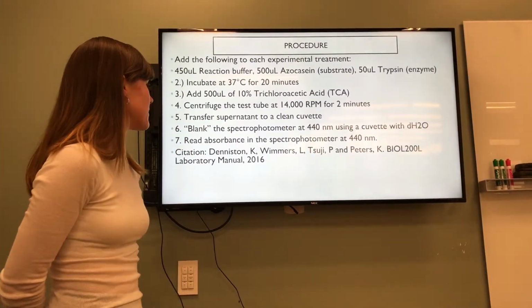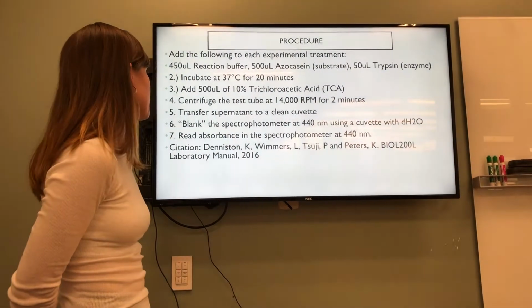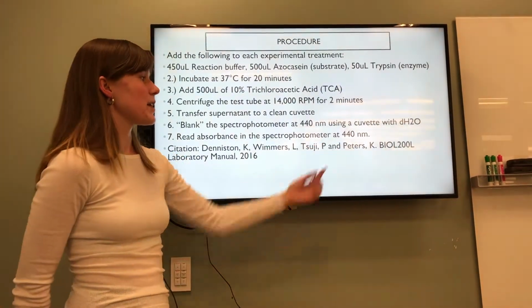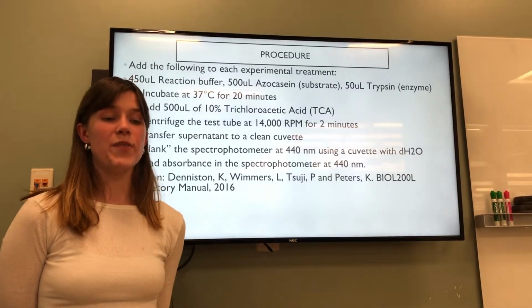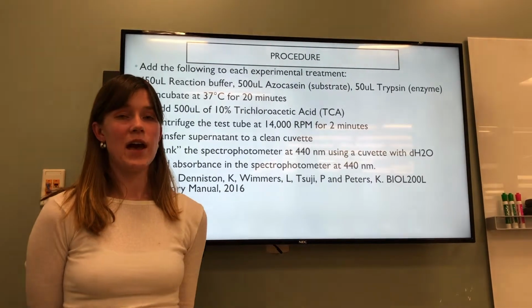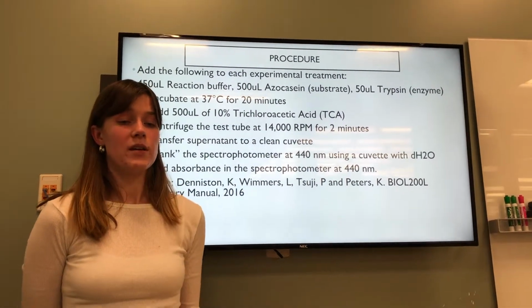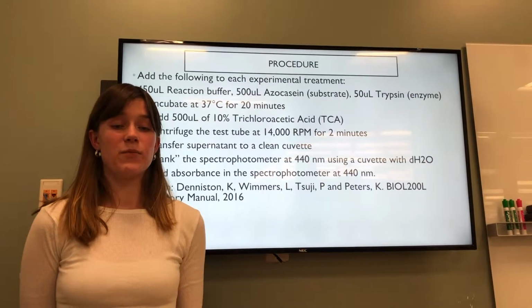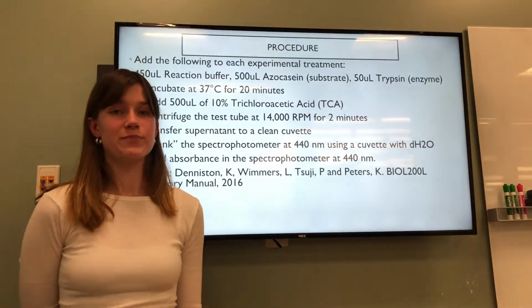Then step 7, we read the absorbance and recorded it from the reading at 440 nanometers. We had 3 replicates for each trial, at each pH and each negative control, to reduce variability. Having more replicates would allow us to have more accurate averages, and also a more precise measurement.